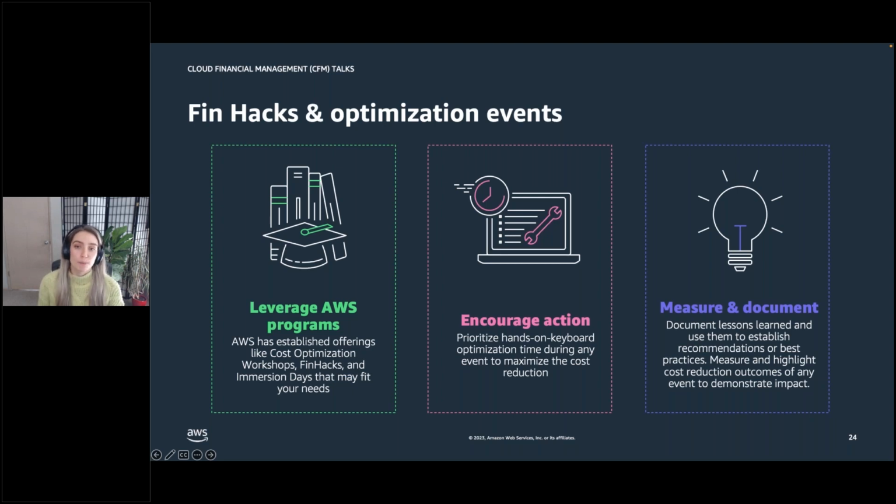The two main things that will make these events, or any event that you decide to stand up, successful are encouraging action, so making sure that you have time prioritized for hands-on keyboard optimization activities. That's going to give your technical staff and the folks who participate in these events time to make those changes, and therefore you'll have outcomes directly after that event that you can measure, document, and demonstrate the value of the event in total.